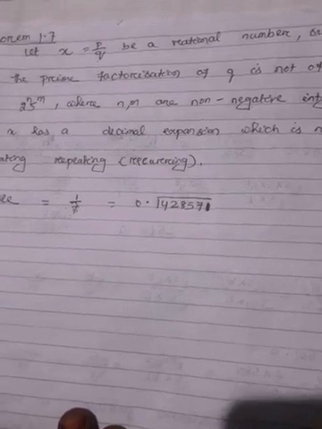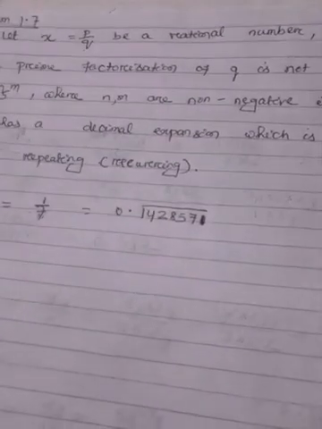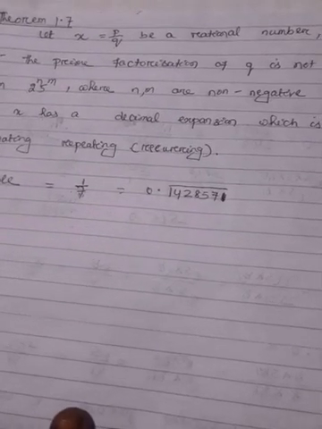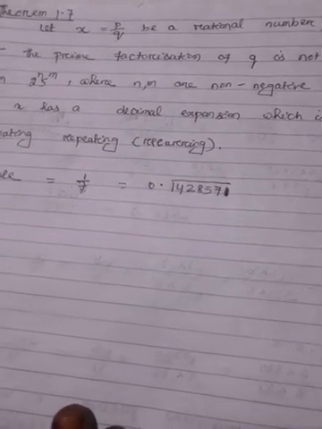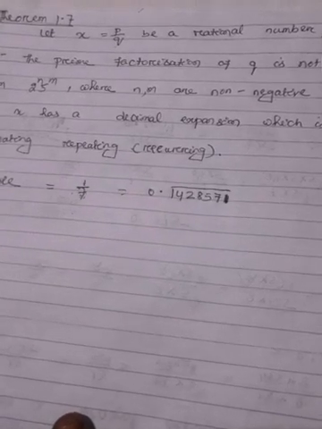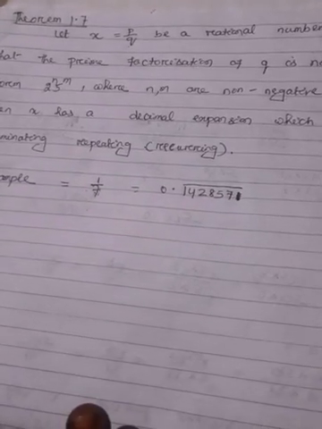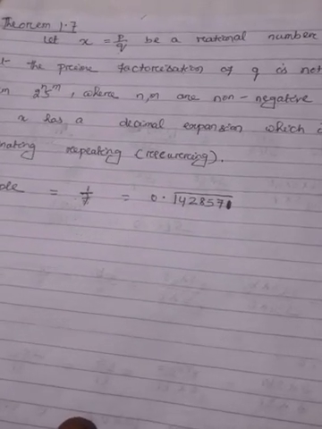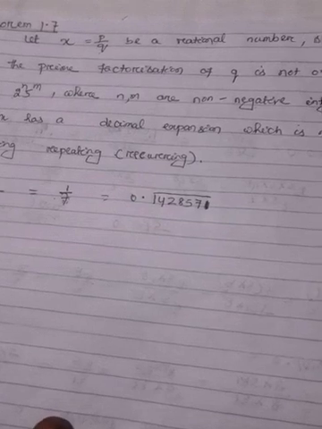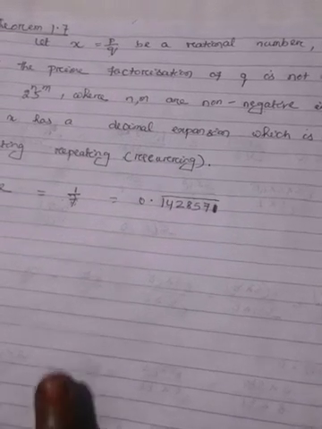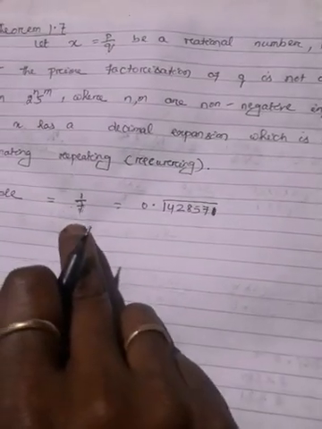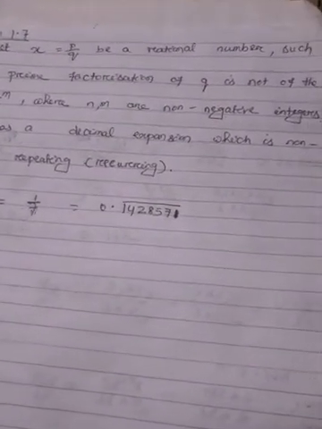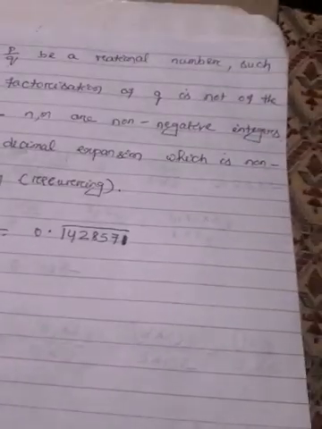Theorem 1.6 says that if a denominator of a rational number is in the form of 2 to the power n into 5 to the power m, where n, m are non-negative integers, then it terminates. And theorem 1.7 says that a rational number whose denominator is not in the form of 2 to the power n into 5 to the power m is a non-terminating repeating number. That's all for today.